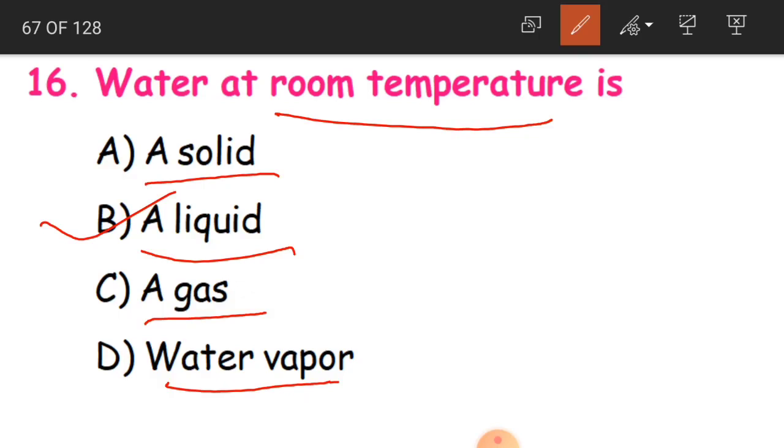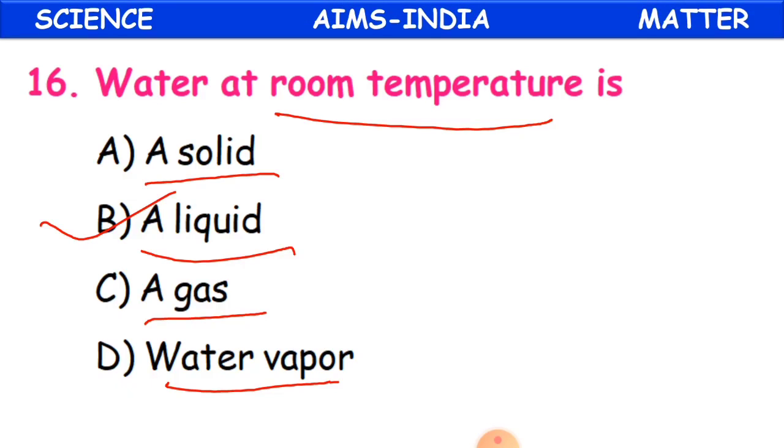So it is in which form, children? It is in liquid form. The same water, if it is in the freezer, in the fridge, then it takes a solid shape. But at room temperature, water always will be in a liquid form. Okay, children, clear?